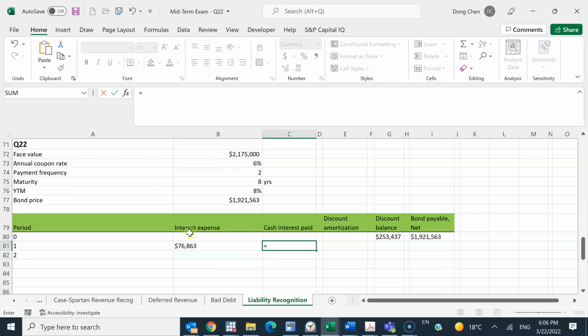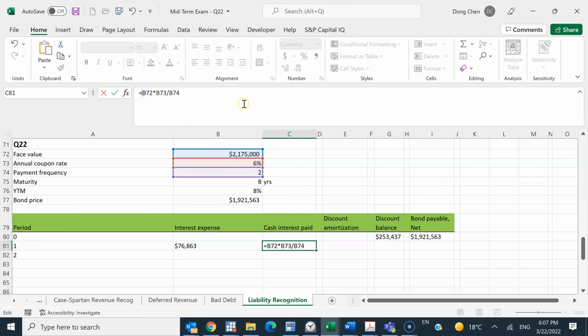The interest expense calculated so far is what will be recorded on the income statement as the interest expense. But the cash interest paid will be based on the face value multiplied by the annual coupon rate and then divided by the frequency, right?